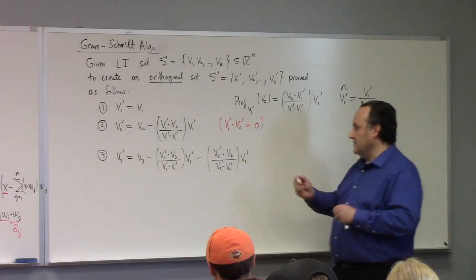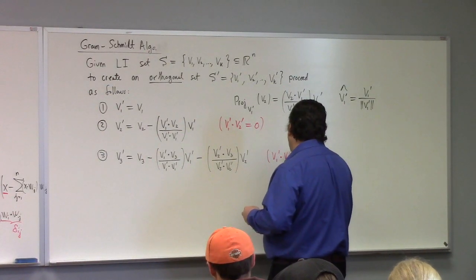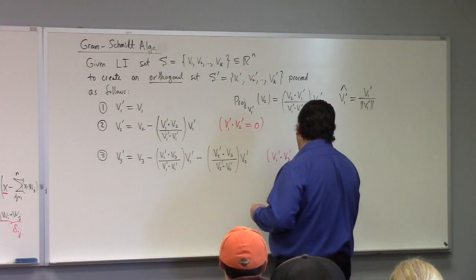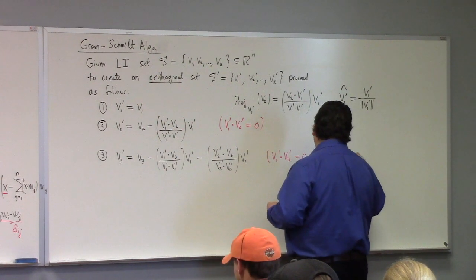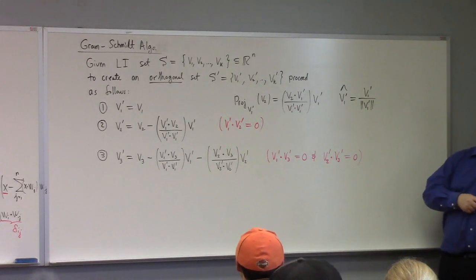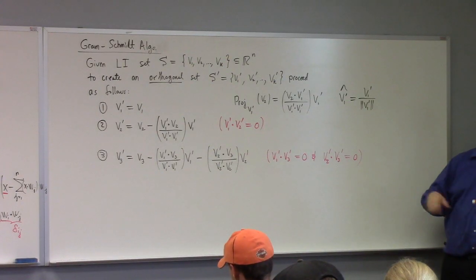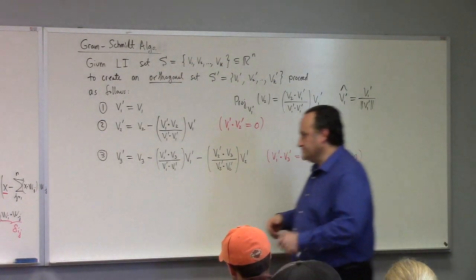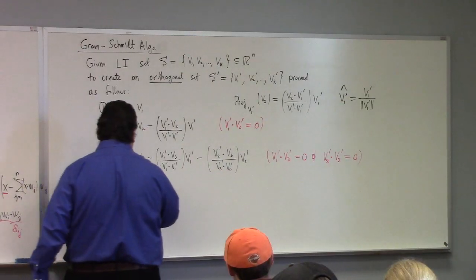In particular, this is going to give us V1 prime dot V3 prime equal to 0, and V2 prime dot V3 prime equal to 0. That is a consequence of that formula, right? So if we can do it once, we can do it twice, we can do it k times. So you keep going in this way, dot, dot, dot.